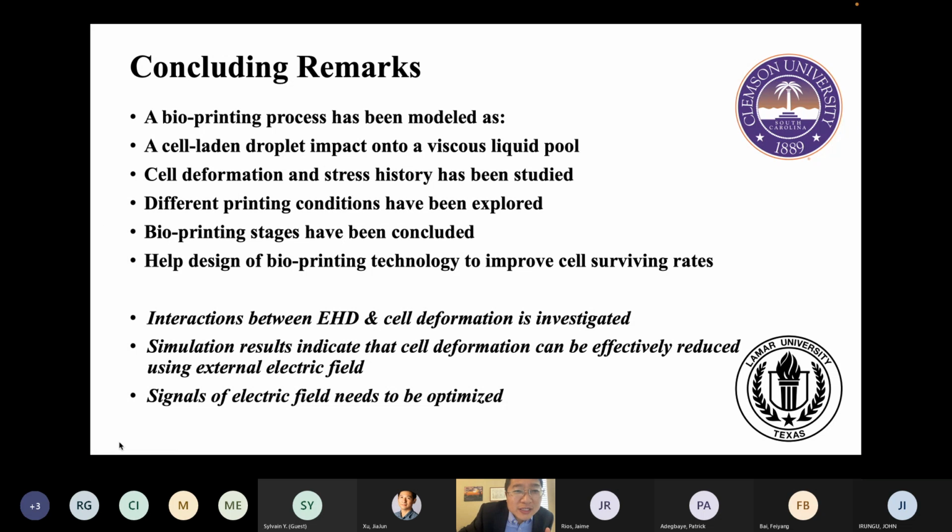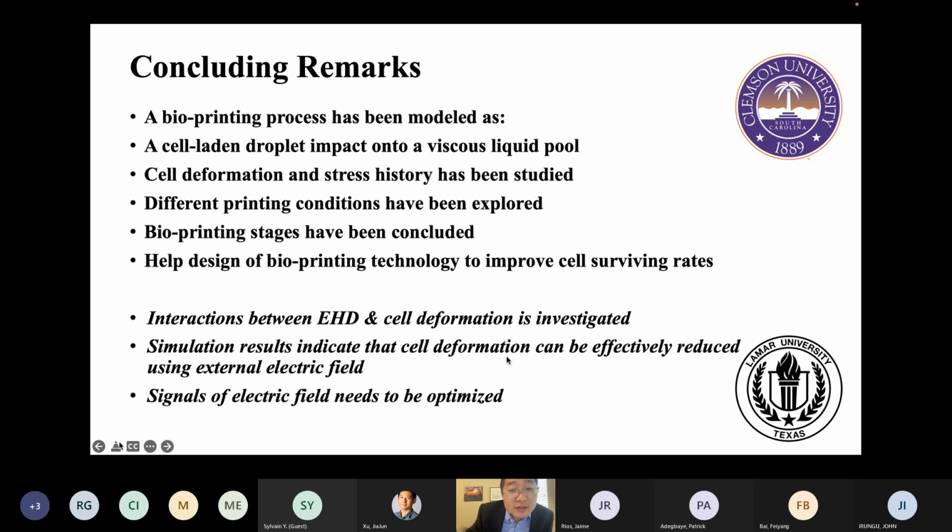We study them, and different printing conditions have been explored. We see that different stages have different emphasis on which one is more important. This will help us design new technology to improve cell survival rates. And one thing I did is use EHD to help improve the cell survival rate.